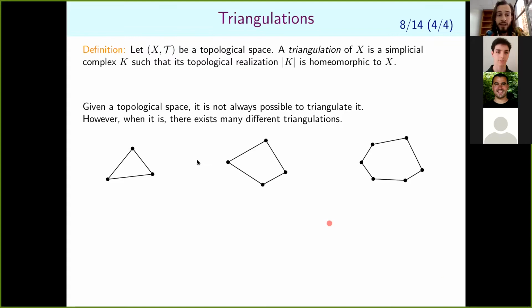However, when a topological space is triangulable, when you can find a triangulation of it, there exists an infinite number of triangulations. For instance, these 3 simplicial complexes are polygons, and as any polygon, they are homeomorphic to the circle. So here we have 3 different triangulations of the circle.